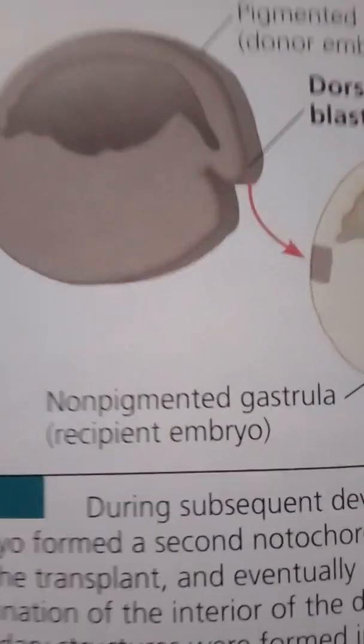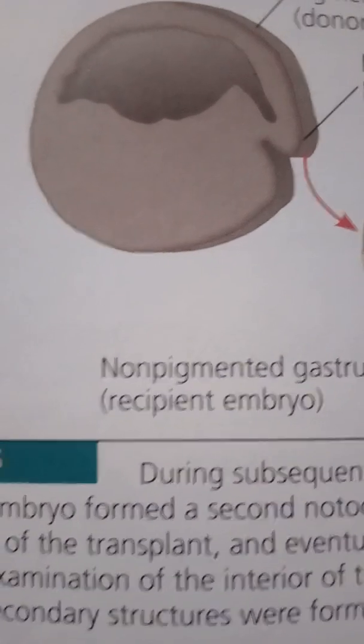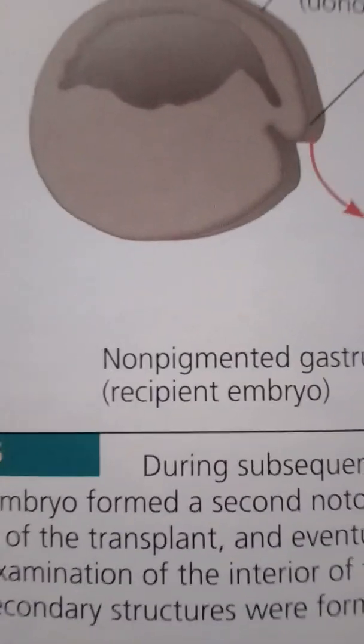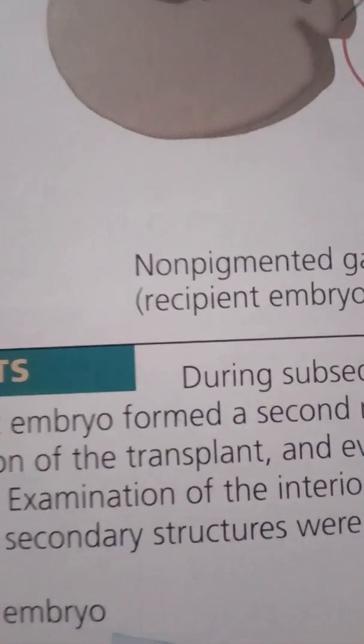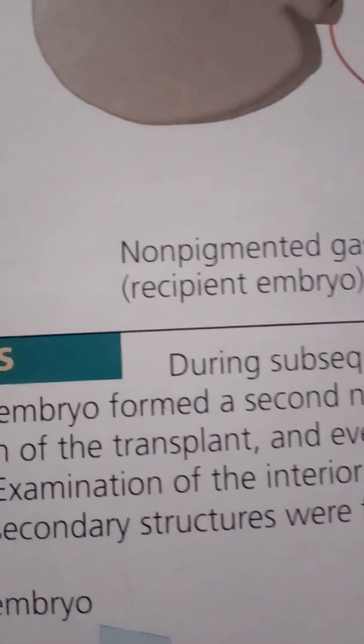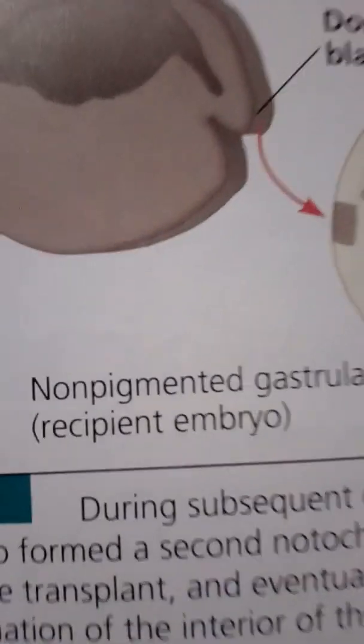They concluded that the dorsal lip of the blastopore in the early gastrula functions as an organizer of the embryo by initiating a chain of inductions that results in the formation of the notochord, the neural tube, and other organs.